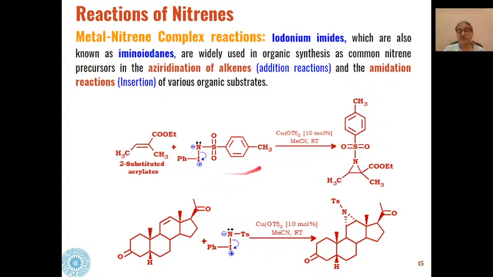So for example, if we have this type of amino iodine, with the elimination of phenyl iodide this will give us a nitrene at this place, and this nitrene will add to this carbon-carbon double bond to give us aziridines as the product.